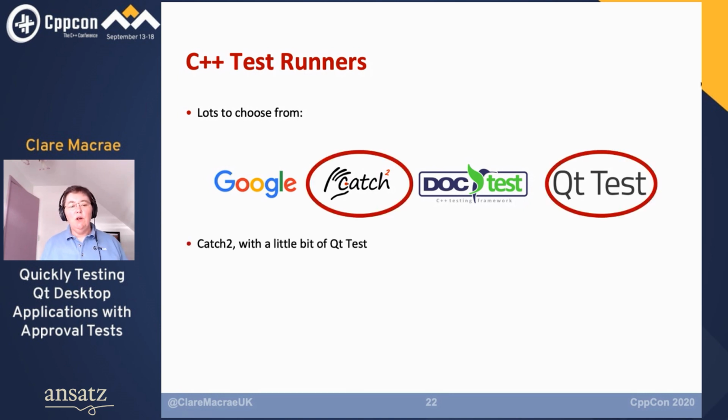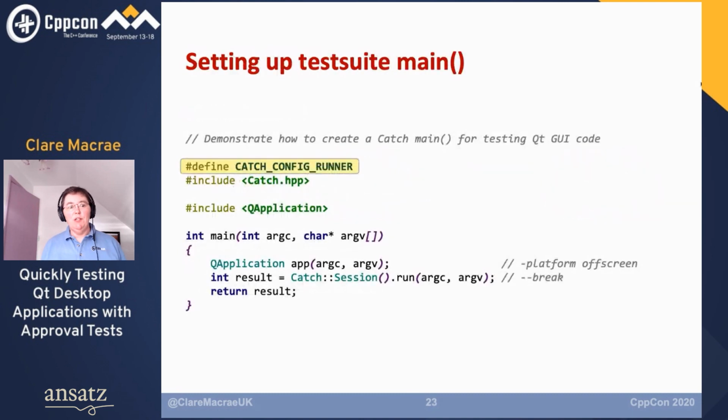For this talk, it's mainly going to be Catch2 code with a little bit of Qt test code. But a lot of what I'm talking about applies regardless of the test framework that you're using. So don't worry, if you're not using Catch, there will still be plenty to take advantage of in the talk.